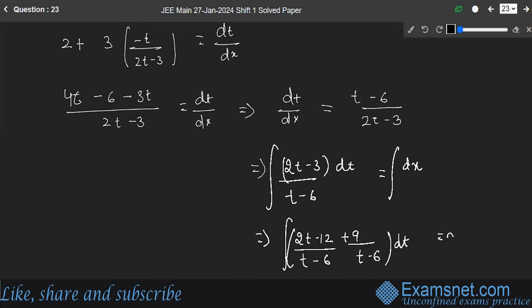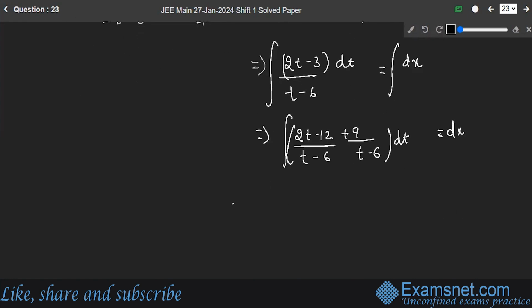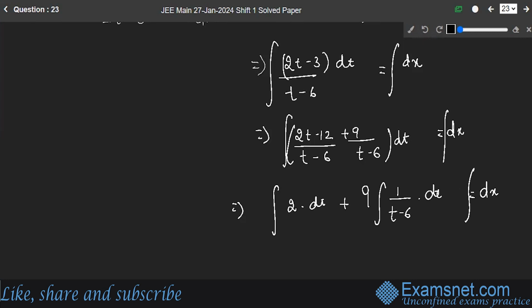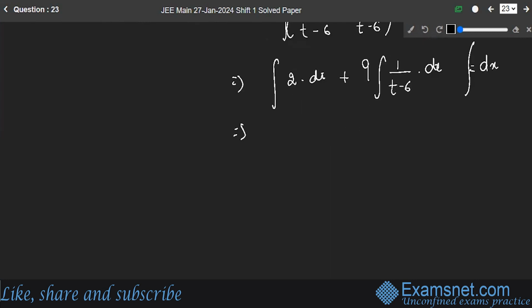Hope you're clear like what I've done. So this will give me the integral of 2 dt plus 9, I'm taking outside, 1/(t - 6) dt is equal to the integral of dx. So this will give me 2t + 9 ln|t - 6| is equal to x + c.